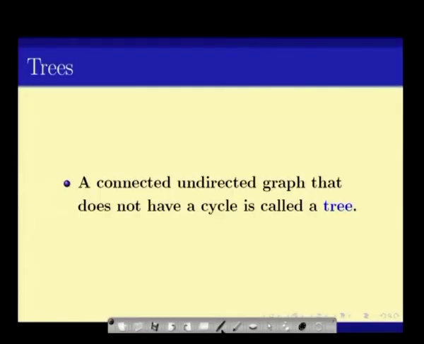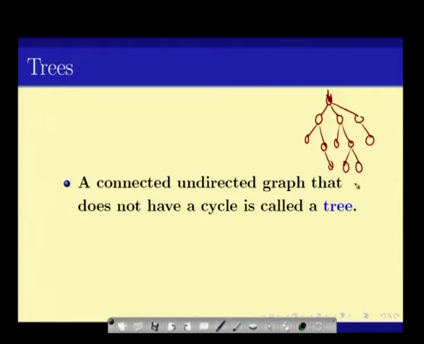A graph that does not have a cycle is known as a tree. Now, one might think that why are we defining such a weird name for tree? The reason is that if a graph does not have a cycle, it looks something like this. It looks like this, this is called the root of the tree and the rest of them are called the branches.